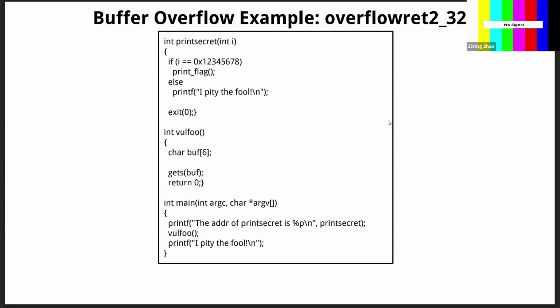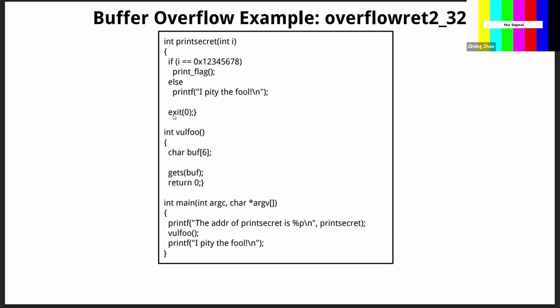When you go to the beginning of print secret, it will compare the parameter I to a hard-coded value. And we're 32-bit, so I is supposed to be somewhere on the stack. I will be compared with this hard-coded value, and if they match, we print flag. Otherwise, we print a default message, and this one will just exit here. The exit here is a C library function, which is also a system call.